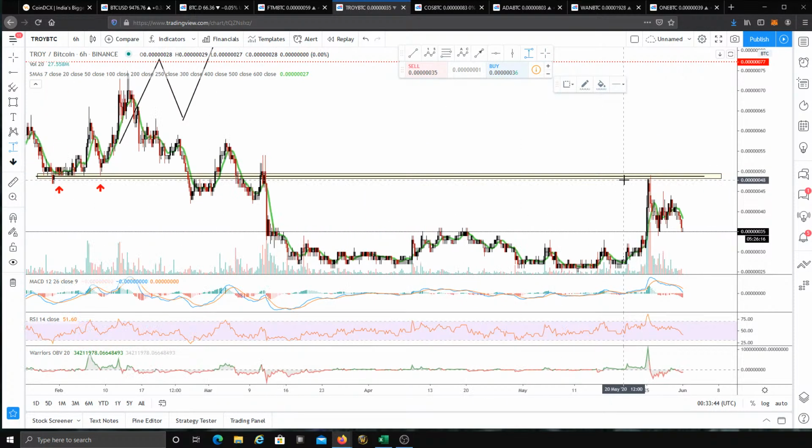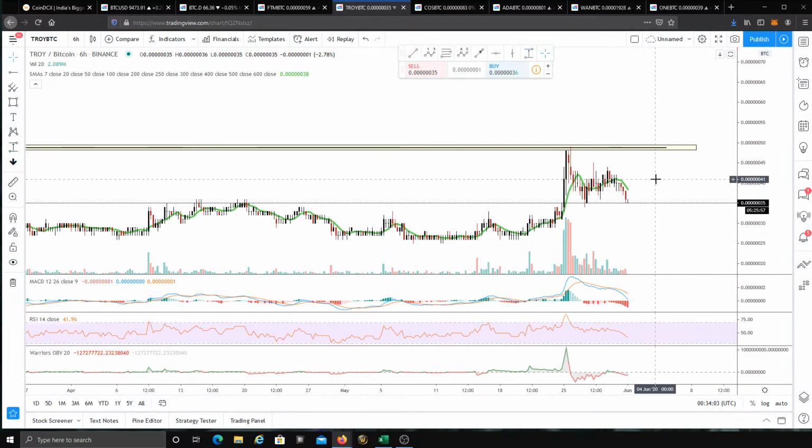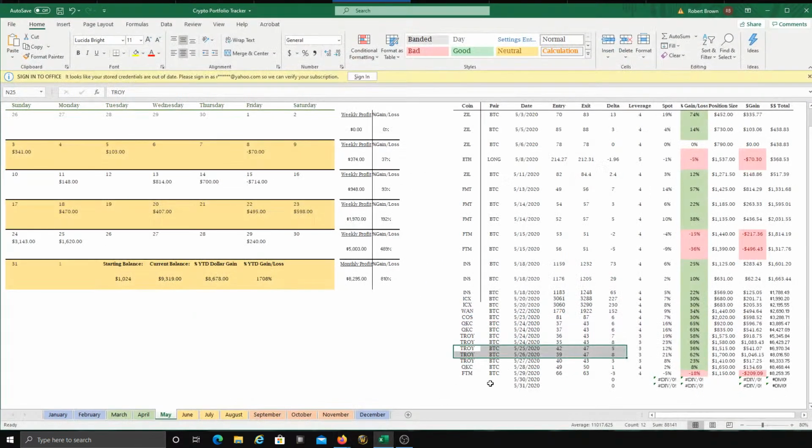This did what I was hoping Quark Chain would have done: come up to the resistance zone and fall back to rebuy. Unlike Quark Chain, this one actually listened, whereas Quark Chain just kept on pumping up. So I sold this pretty well right there at the top. And this was some great scalping right there on Troy.